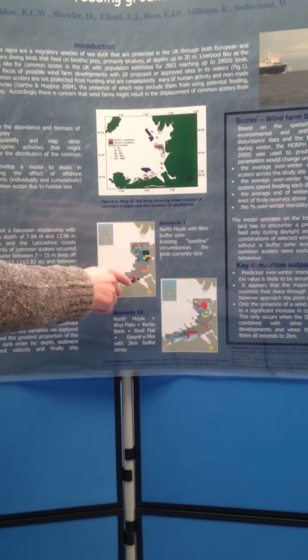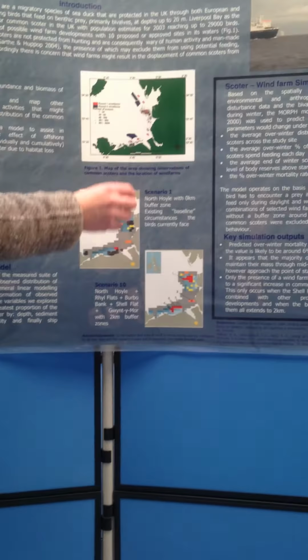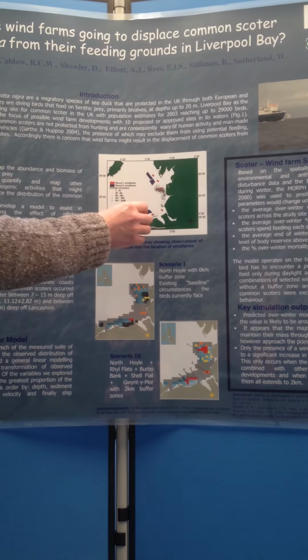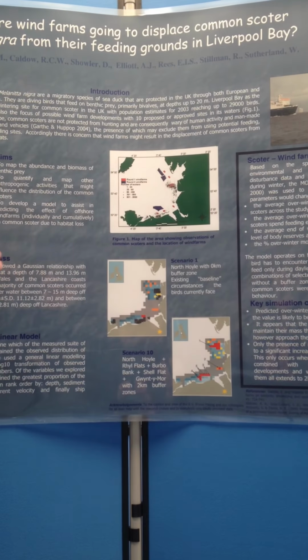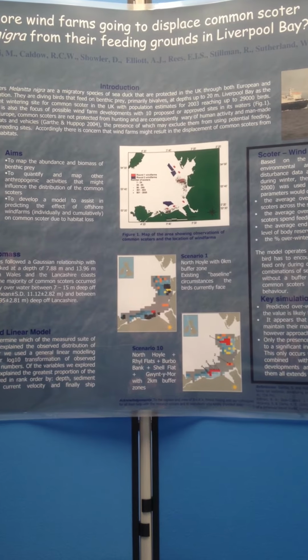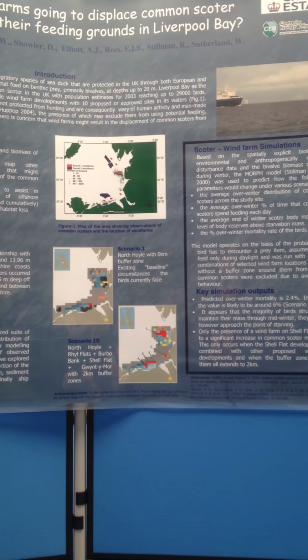And what we were able to do was build different scenarios in the model with different combinations of wind farms to see what cumulative combination of wind farms might lead to a population change in the common scoter. And the main finding that came out of that was that you could construct all of these wind farms and have absolutely no effect whatsoever on the population of common scoter until you added in this large wind farm development on Shell Flat.